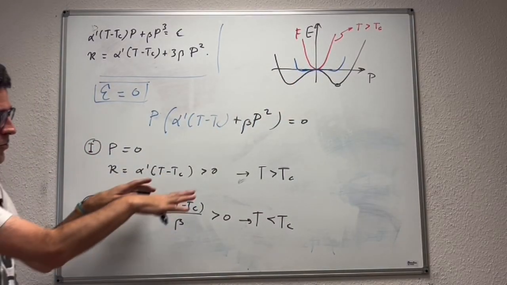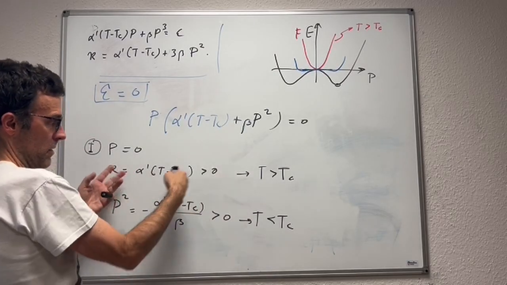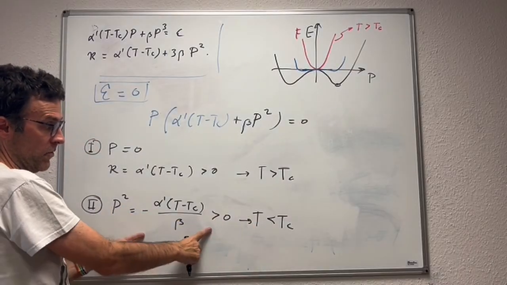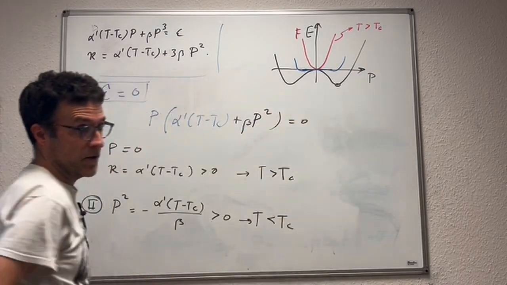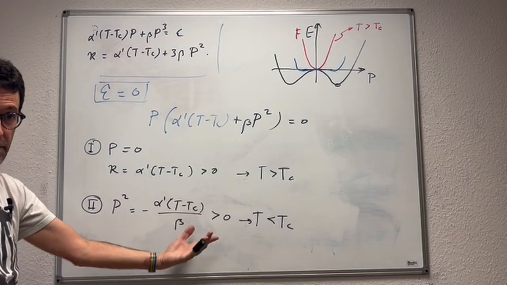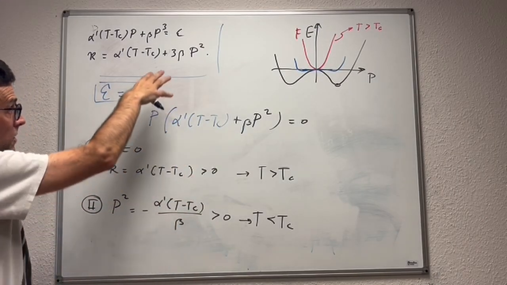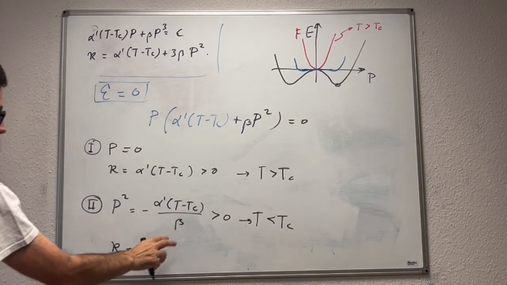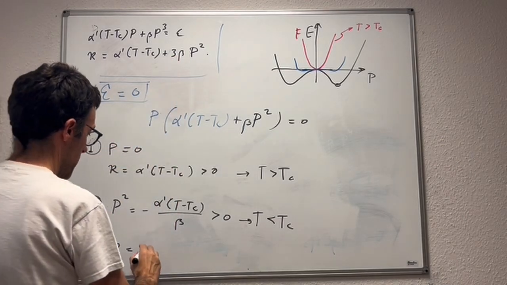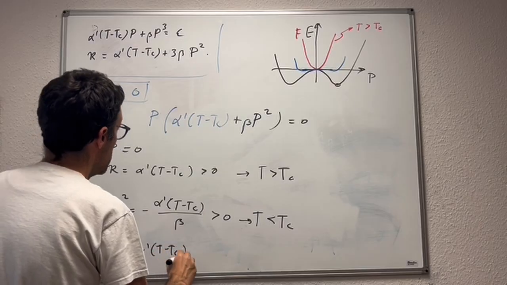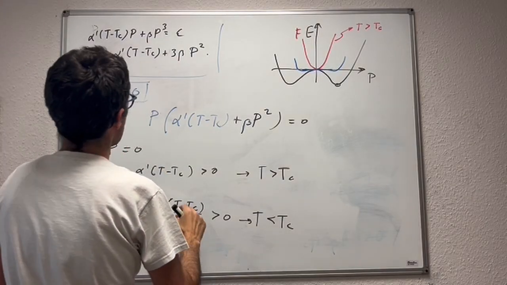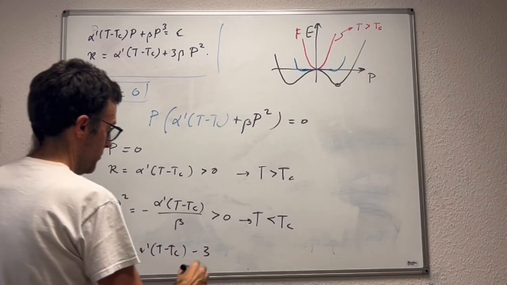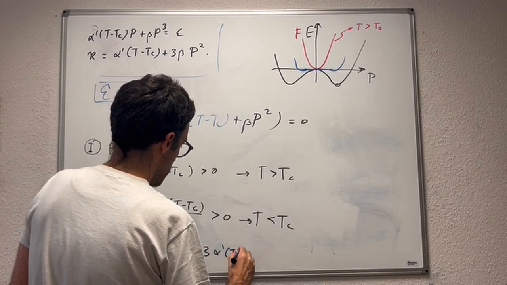Now, for temperatures below Tc, this solution is not a minimum, it's a maximum, which we already knew as well. And of course, these two are going to be the two equivalent minima, right? We have plus and minus something. But just to make completely sure, we have to check the curvature. So we plug this P squared in there. We have alpha prime (T minus Tc), and then 3 times beta P squared, so the 3 times beta simplifies with beta, alpha prime (T minus Tc).